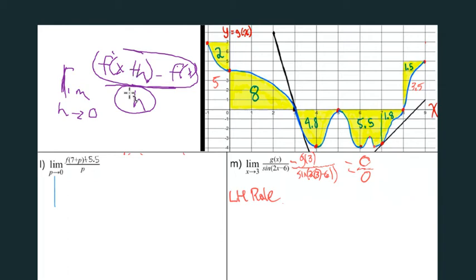So look at this question here: f at 7 plus p, minus f at 7, divided by p, as p approaches 0. We've changed the letters from h, right? Does this look sort of like this? Yeah, it does. Instead of an x, we've got a 7. Could x be 7?